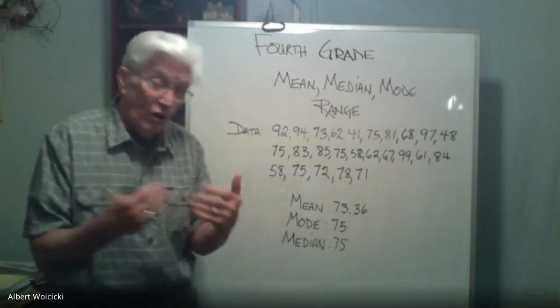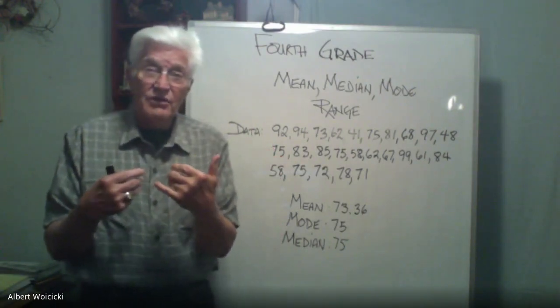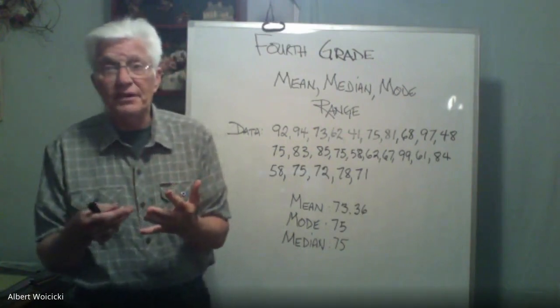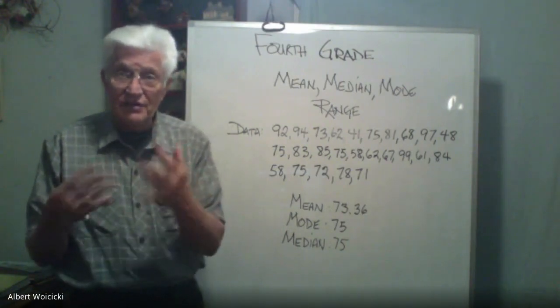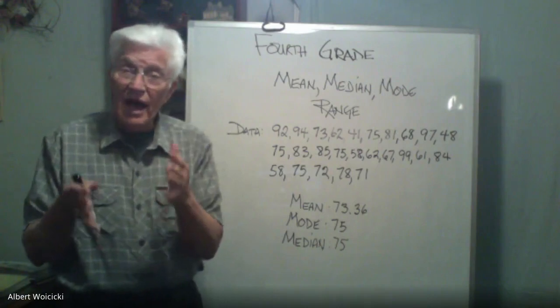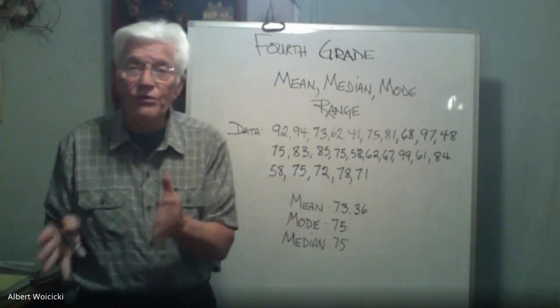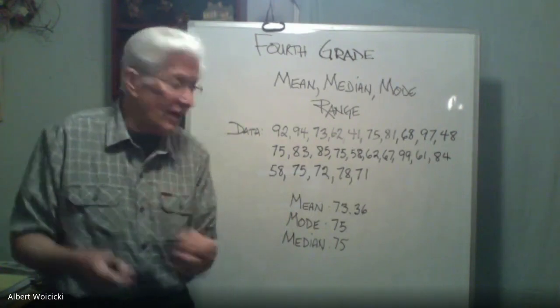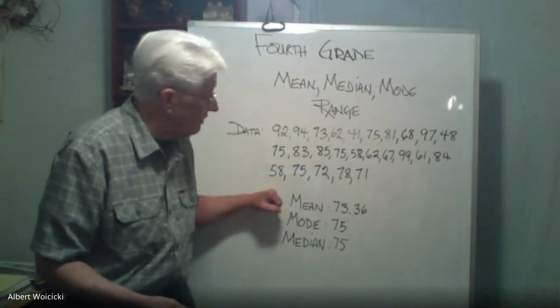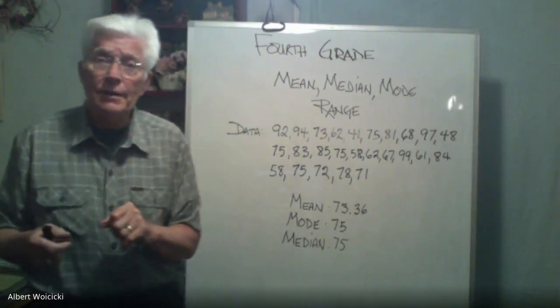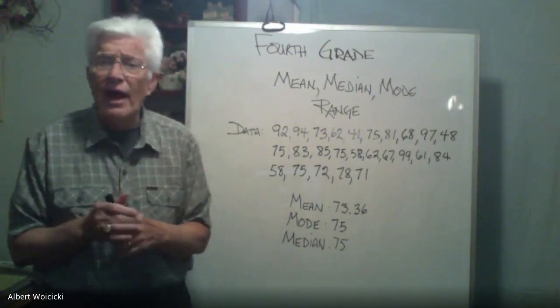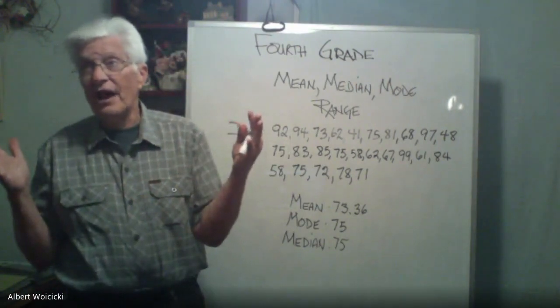So I know that when I do a test, especially the first time I give a test, I always want to look and see what the overall list of scores is. I want to take a look at what my mean, median, and mode is and what my range is. And if you have outliers, what's an outlier?